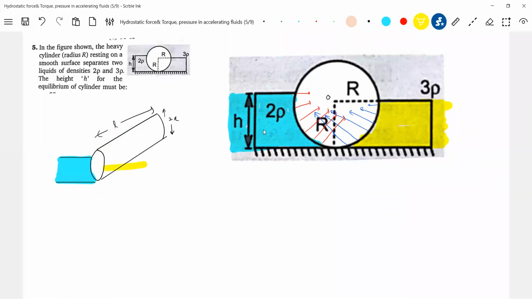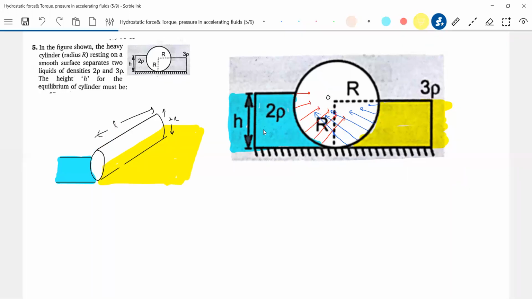The rest, everything you're supposed to imagine. Liquid is present everywhere. A 3D diagram is not possible, no? So what is the projected area? H into L.